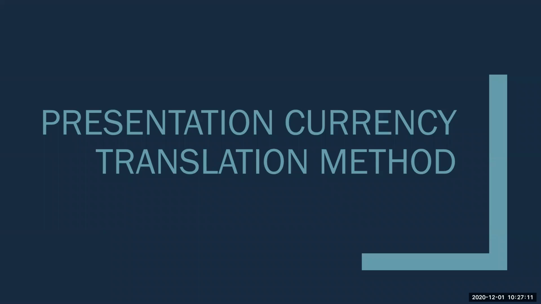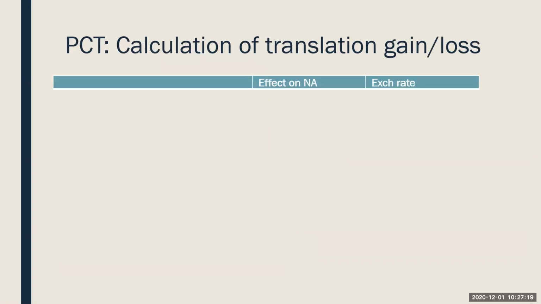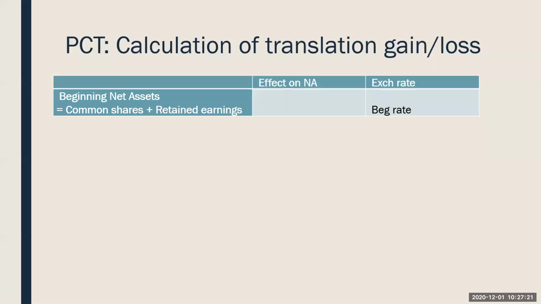Taking a look at the presentation currency translation method, this is the current rate method. The translation gain or loss calculation is based on changes in net assets. So net assets are common shares plus retained earnings. The beginning net assets are translated using the beginning rate.